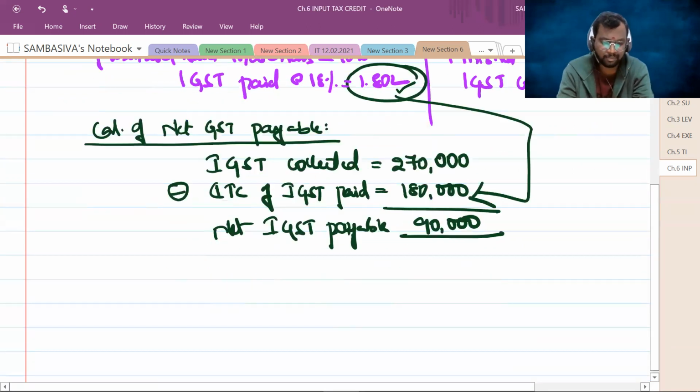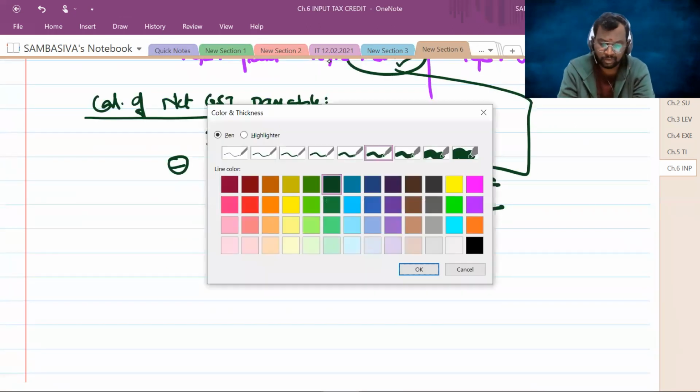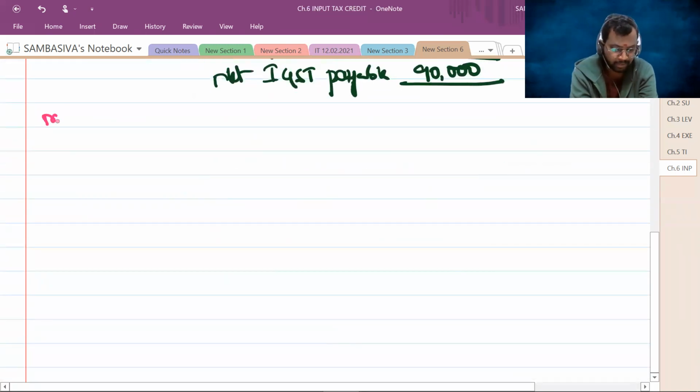From this example, you can write the meaning of input tax credit.